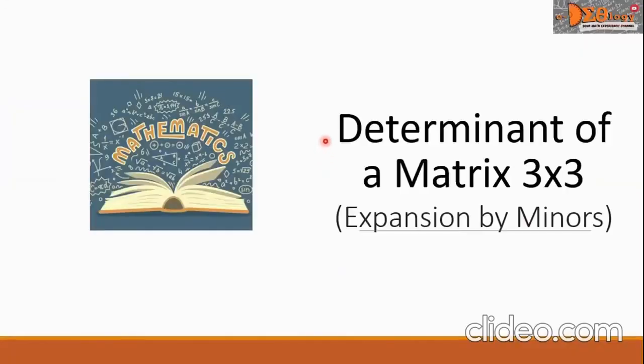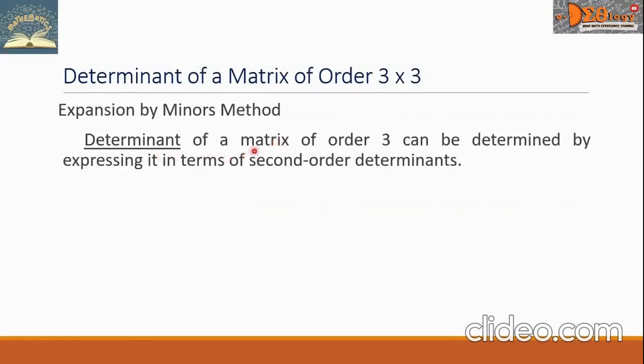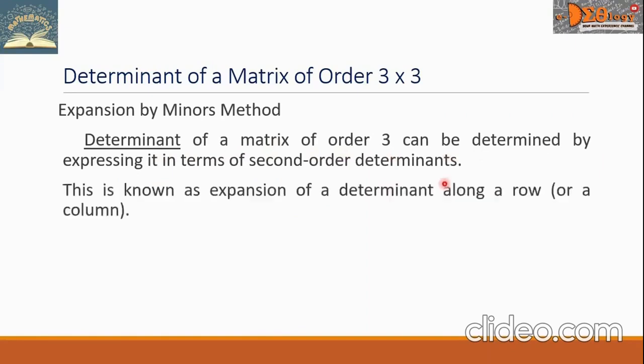Today, we're going to study determinant of a matrix 3 by 3. Then we're going to discuss the expansion by minors method. This is now the expansion by minors method. Determinant of a matrix of order 3 can be determined by expressing it in terms of second-order determinants.